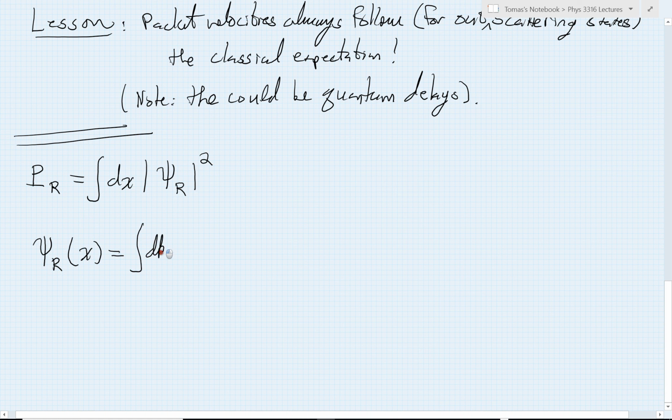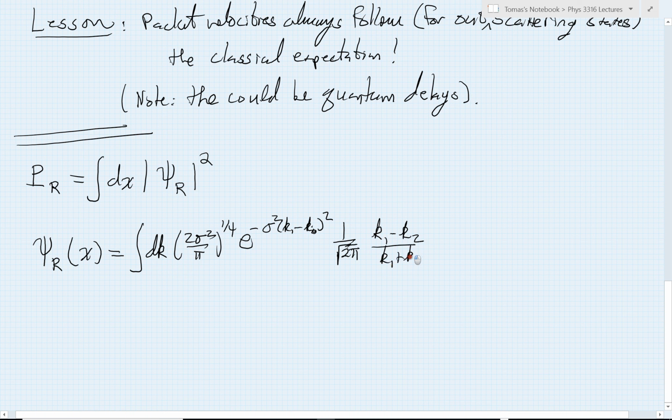So if I take my integral, which has all of these other factors in it that you might recall, there's the normalization, it has its peak so that we're sure we're taking wave functions or an incoming state that has momenta that are mostly very near k naught. We have the 1 over root 2 pi, so we have properly normalized momentum states. And now my job is just to take the reflected piece. And that had this interesting prefactor, you will recall, (k1 minus k2) over (k1 plus k2).